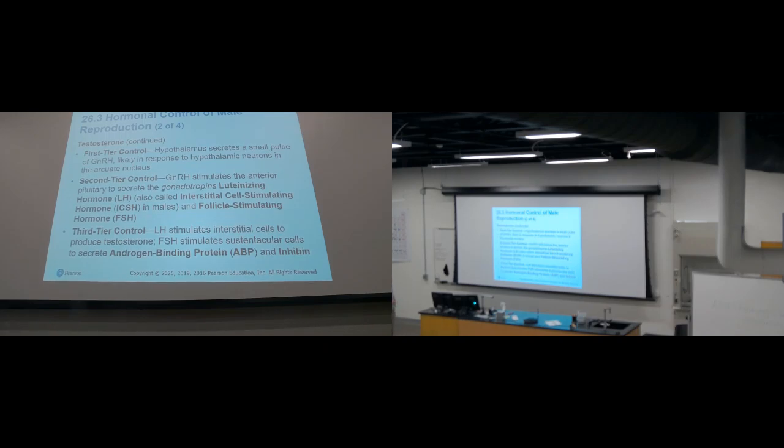So here are the tiers for controlling testosterone secretion. In the first tier, GnRH is secreted in a small pulse by the hypothalamus. This can be in response to feedback from hypothalamic neurons from a center called the arcuate nucleus in the hypothalamus. Then you have the second tier control, in which this GnRH stimulates the anterior pituitary gland so that it secretes LH, or luteinizing hormone, which is part of what we call the gonadotropins.